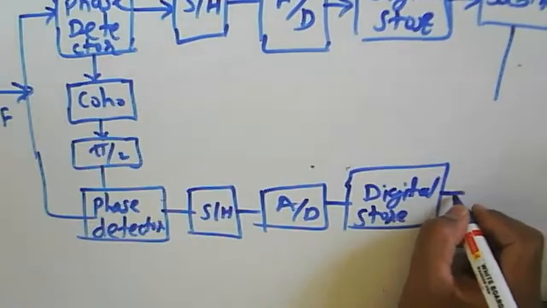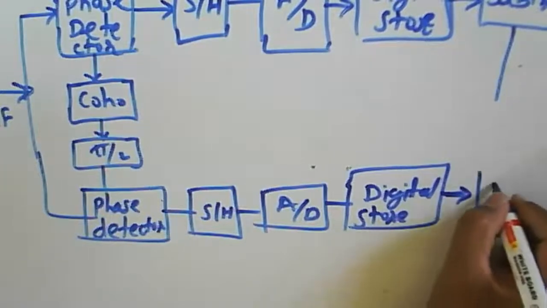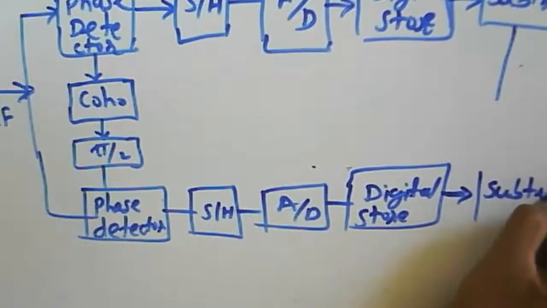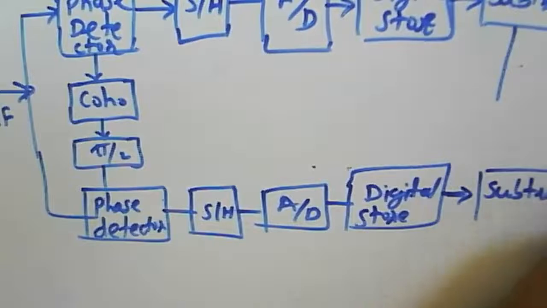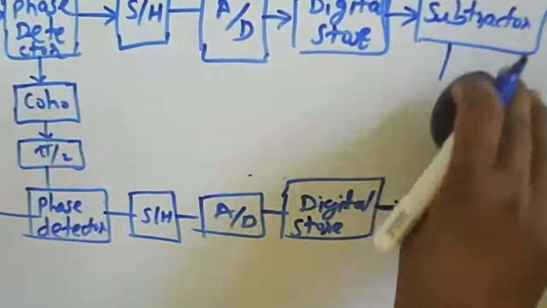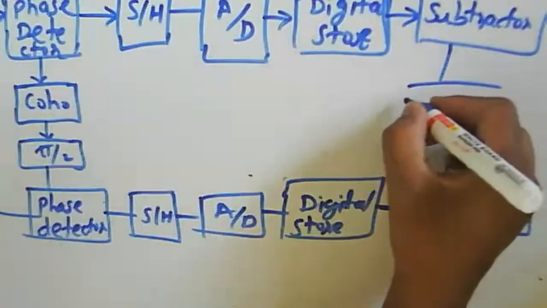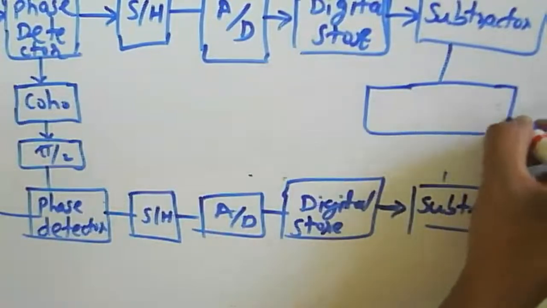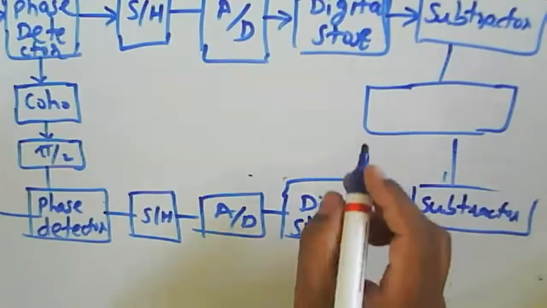Then we have a subtractor, and the signal from the subtractor will be given to the next stage.